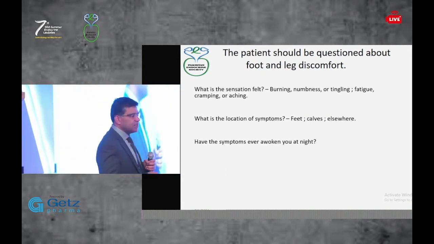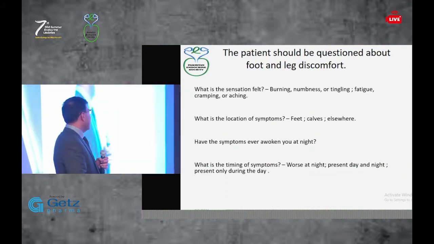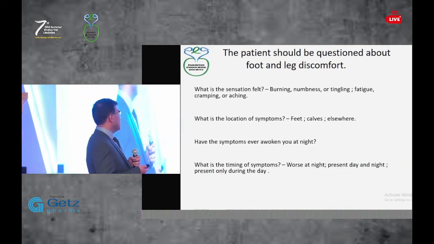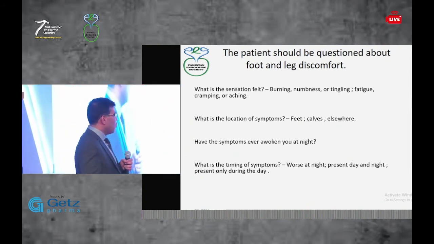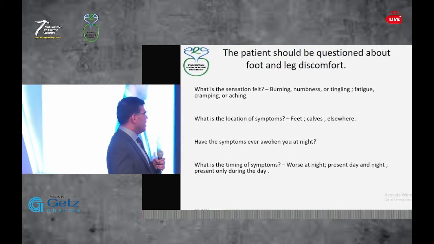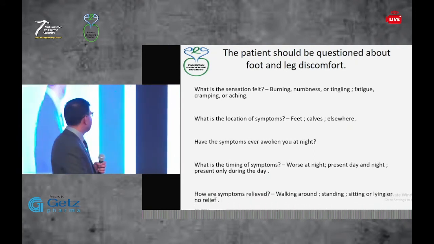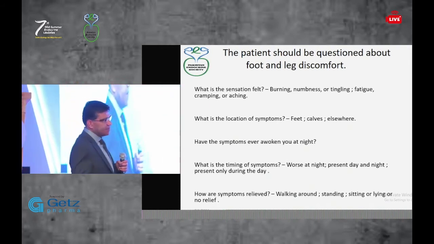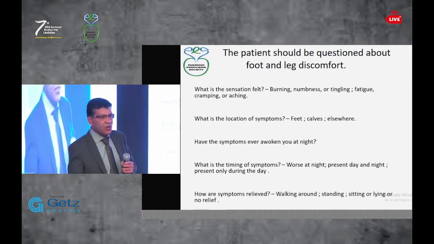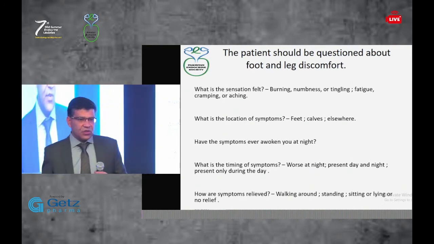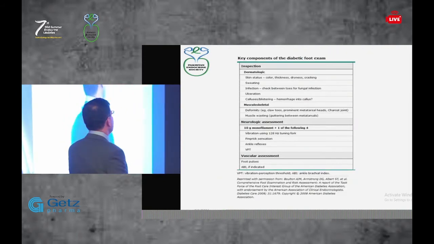Have the symptoms ever woken you at night? What is the timing of the symptoms: worse at night, present day and night, or present only during the day? How are symptoms relieved: walking around, standing, sitting? They can give you some clue about the pathophysiology of the diabetic foot ulcer.